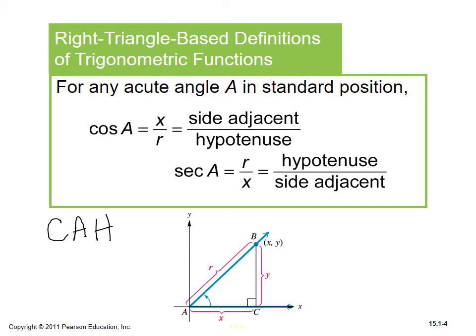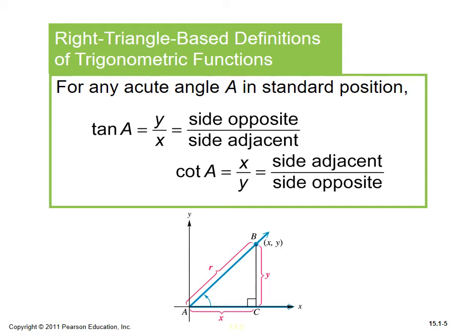Why wouldn't they put secant with sine and cosecant with cosine? And I really don't know why. And it's really not important. Just keep in mind that for sine it's cosecant, for cosine it's secant. So those are the reciprocals. And there are some reasons for that that we'll get into as we move along.